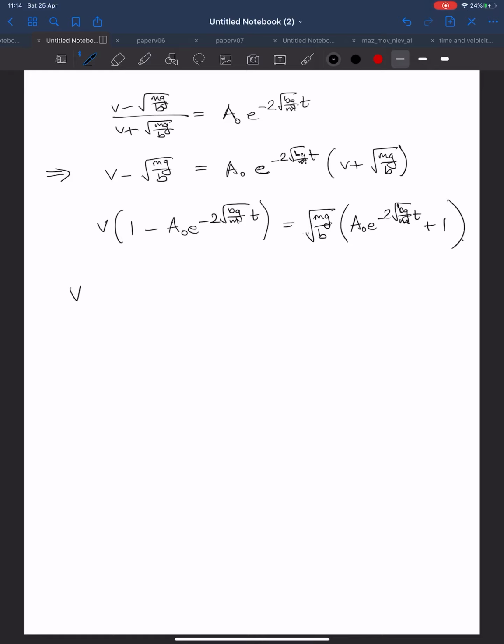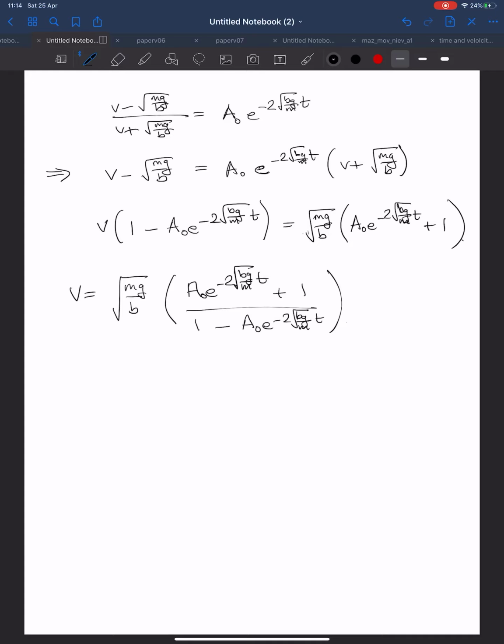Okay, so then v is just this, square root mg over b multiplied by 1 minus, sorry, now that's completely wrong, a0 e to the power of minus 2 square root bg over m times t plus 1 minus a0 multiplied by this exponential.